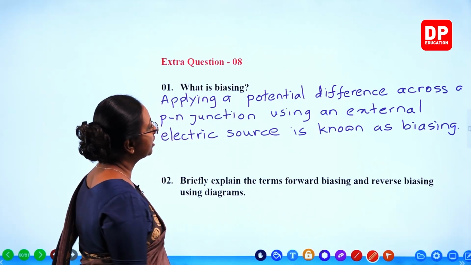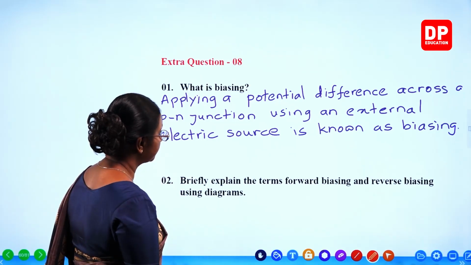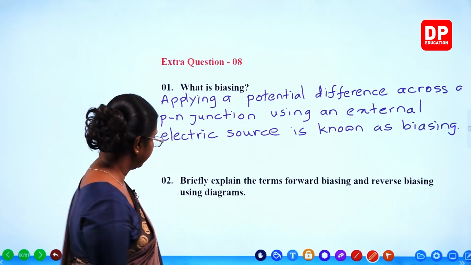So applying a potential difference across a PN junction using an external electric source is known as biasing.